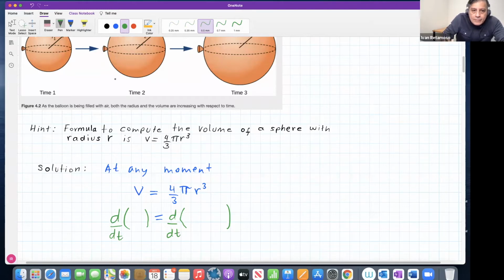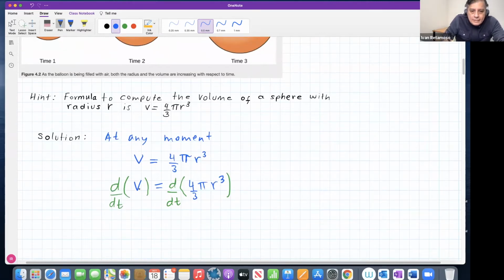Now here we have the volume, and here we have 4/3 pi r cubed. Next, the derivative of volume with respect to time will be just dV/dt. Here, for the derivative of this function with respect to time, notice this 4 pi/3 is just a constant.